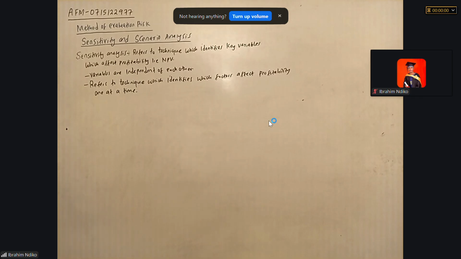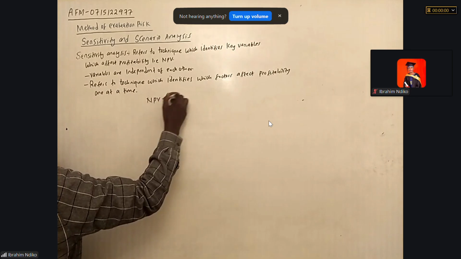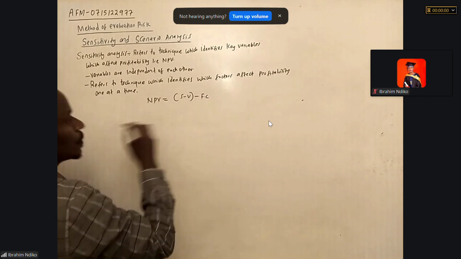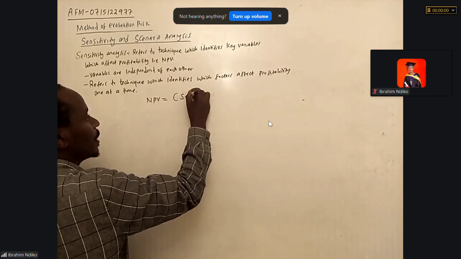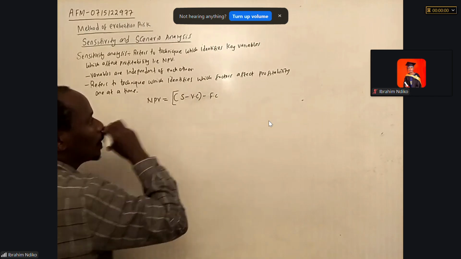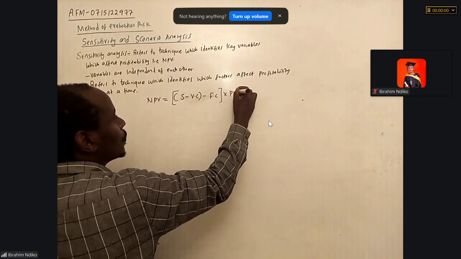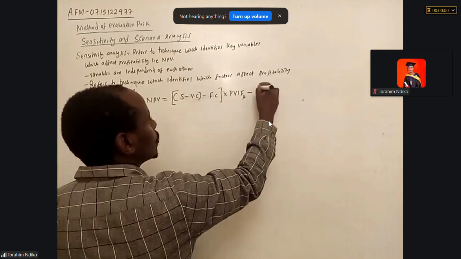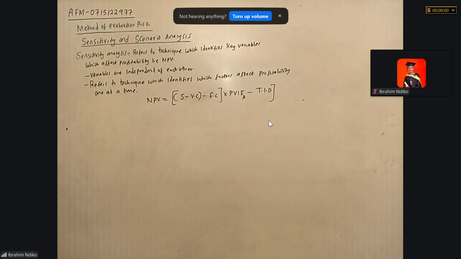For example, NPV is equal to sales minus variable cost minus fixed cost, times present value interest factor, maybe annuity, minus total initial outlay. So that's our method for calculating NPV.